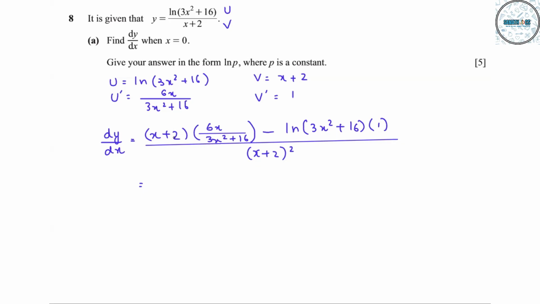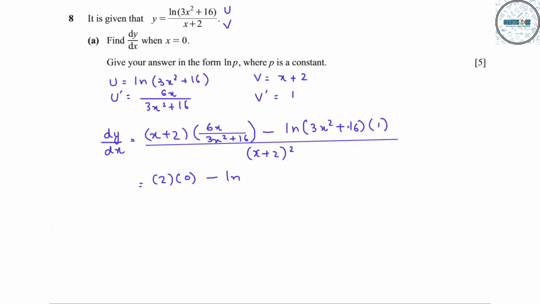So if we substitute 0 here, then this will become 2. And when we substitute 0 here, then 6 multiplied by 0 would be 0. So this whole fraction will become 0. Then minus ln, when we substitute 0 here, then 0 multiplied by 3 is 0.